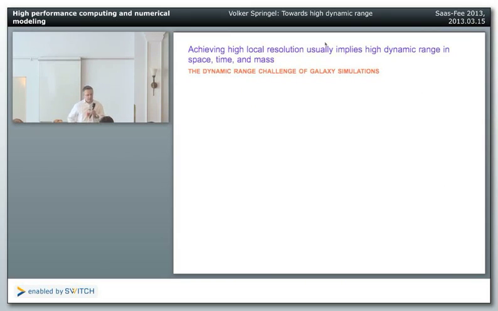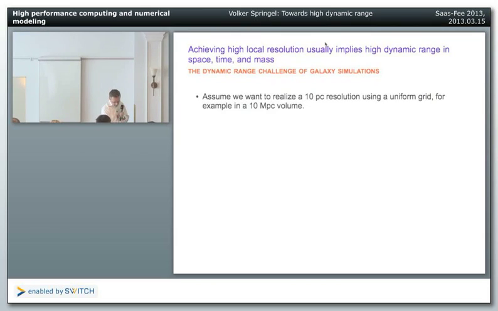So achieving high local resolution, however, usually also means a high dynamic range in space and time and mass. And to make a few more examples of this, I want to illustrate it with these numbers here.